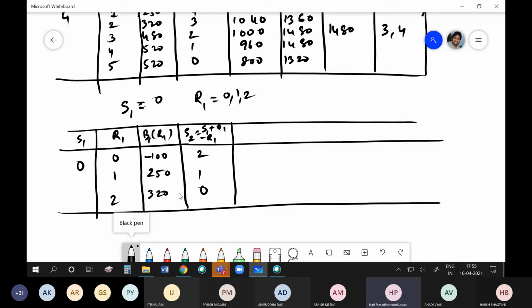Okay, so I now have F2 star of S2, which you have to get from the previous table, which equals 1280, 1210 and 1050.